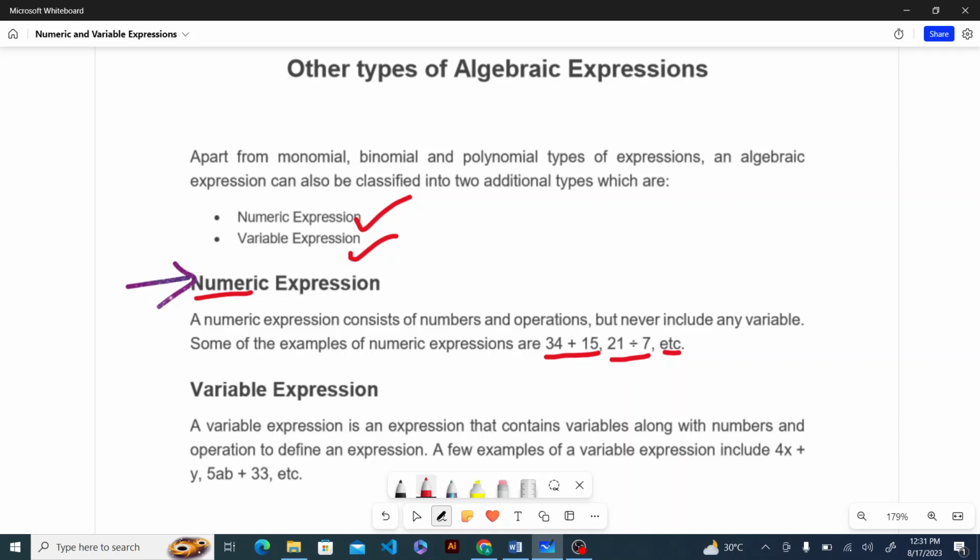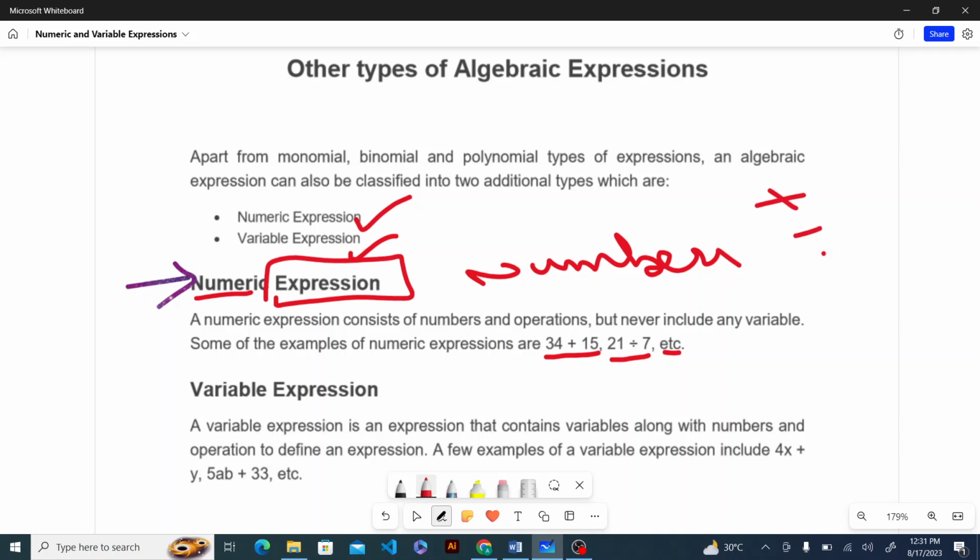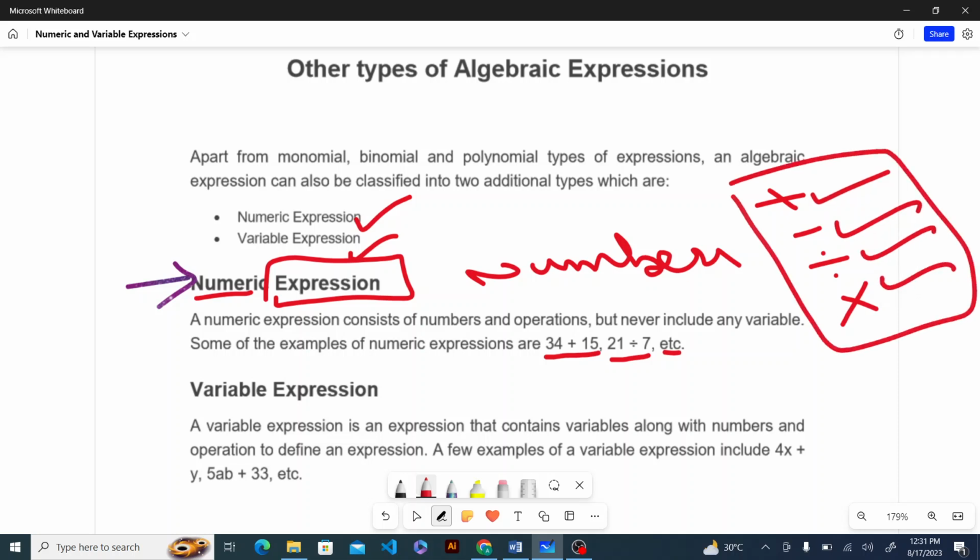So only numbers will be included in them, in numeric expressions, numbers. And obviously if we want it to be an expression, then we have to include operations, means plus, minus, division or multiplication. Okay, these four operations can be included, and numbers will also be the part of numeric expressions.